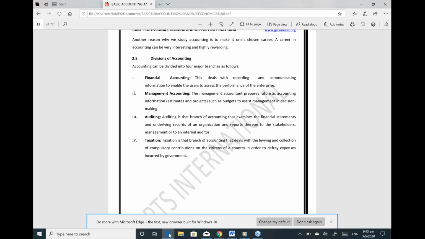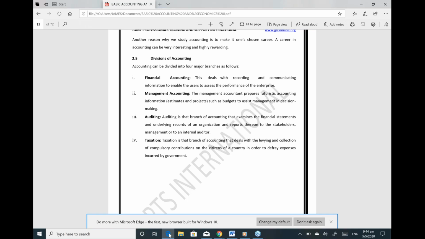So you are able to project, to see if your accounting is okay or it's not okay, if you are making profit or you are not making profit, if revenue is lower than the income. So what do we do? Then the management need to be told what to do so that they can take decision.